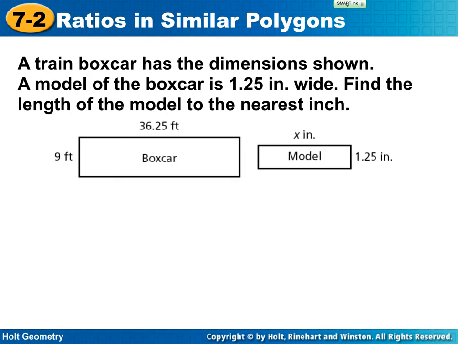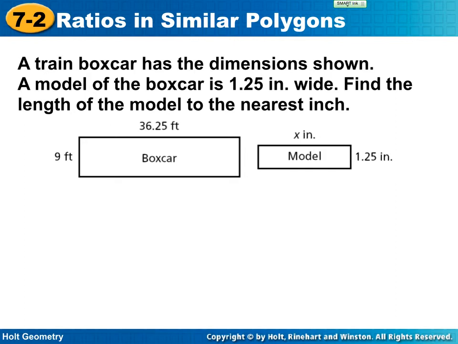Take note of the units to make sure you're comparing the same units on each ratio. And then the units don't have to be used when you're doing the mathematics. This was the length of it.